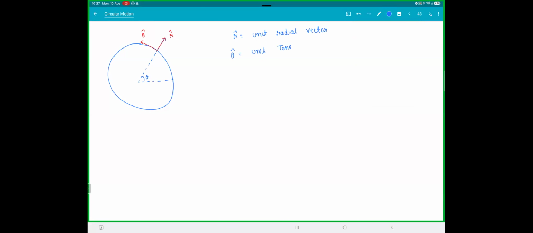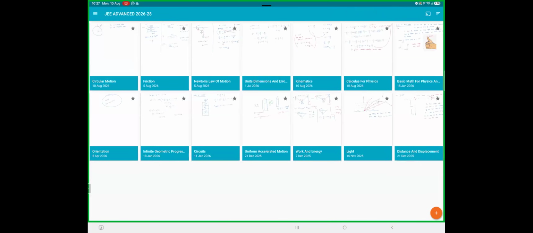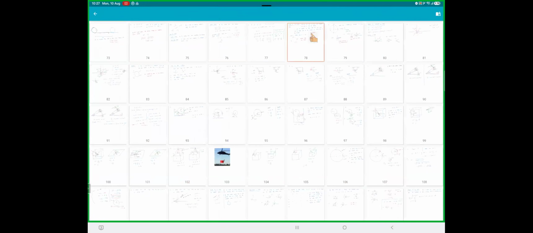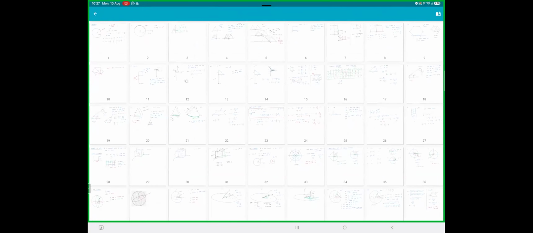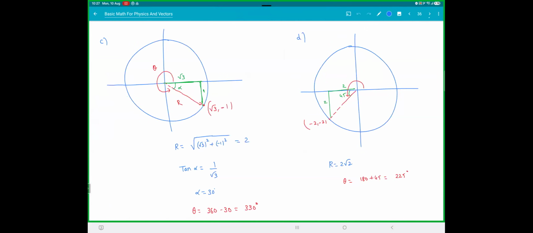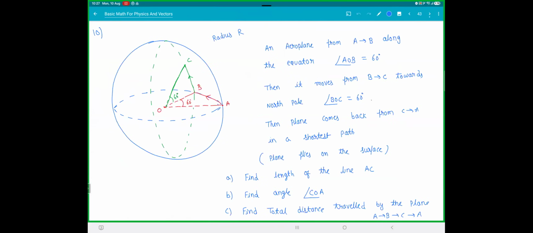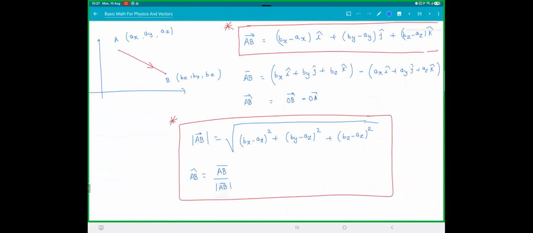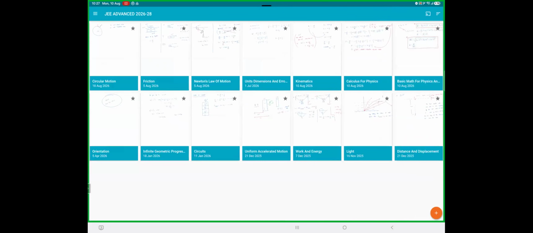So we're taking anti-clockwise as positive, clockwise as negative. Away from the center is positive. All these are polar coordinates. I think we did this in basic math and vectors. There are r cap, theta cap. Anyway, I'll just show you better. I deleted something.